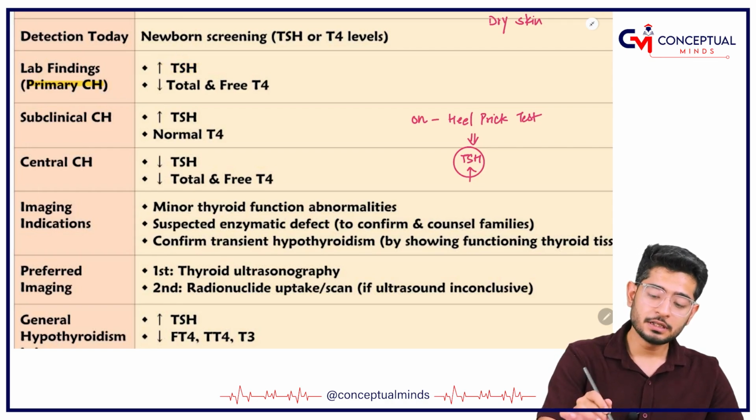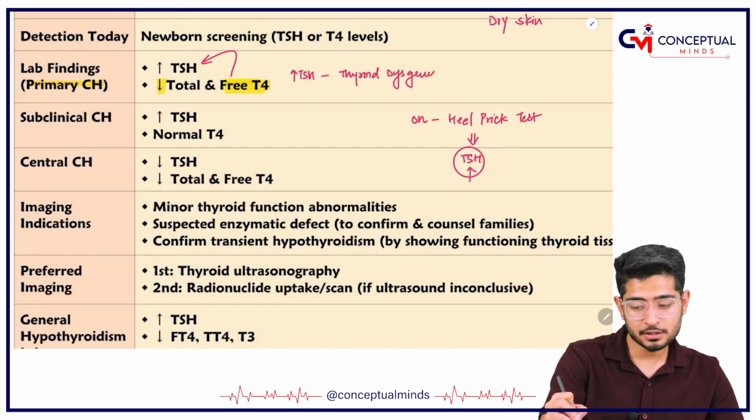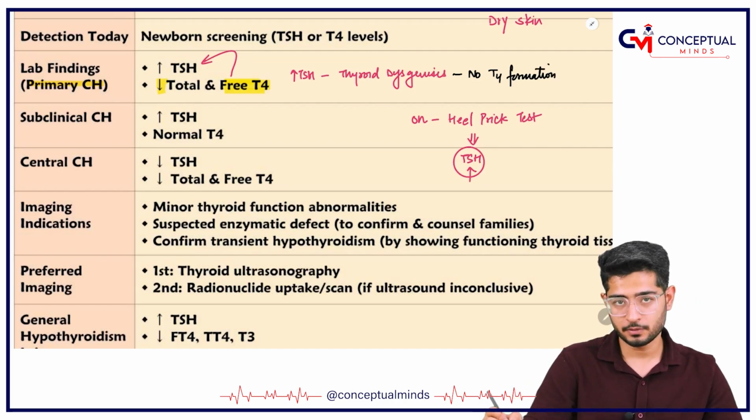Why? The T4 levels are less in this case, and that is why TSH is high. But the problem is that even if TSH is high, there is thyroid dysgenesis, and because of the thyroid dysgenesis, there will be no T4 formation.